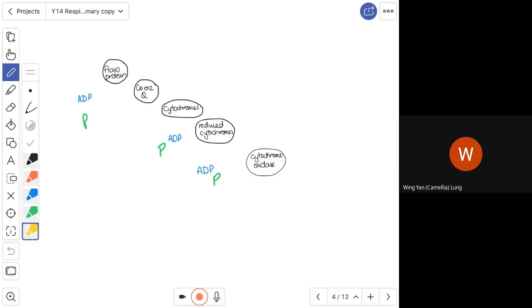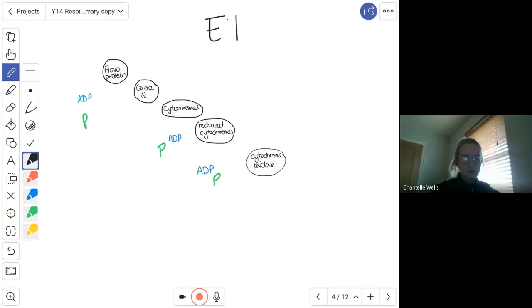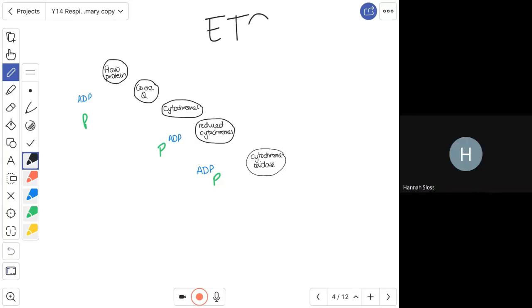Yep, it is in the mitochondria. Anybody tell me exactly where it is in the mitochondria? The matrix? No, actually, it's not. The Krebs cycle is in the matrix, but the electron transport chain, where is it? In the cristae. Yep.